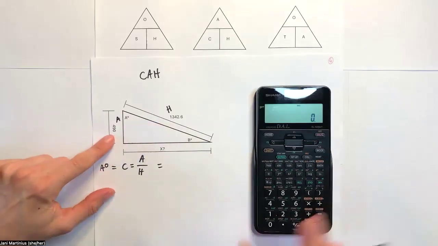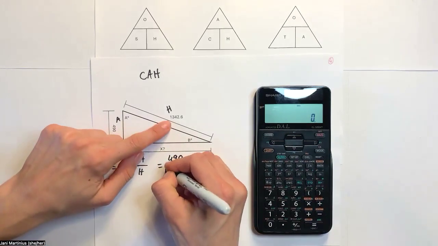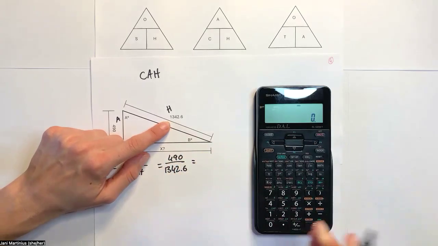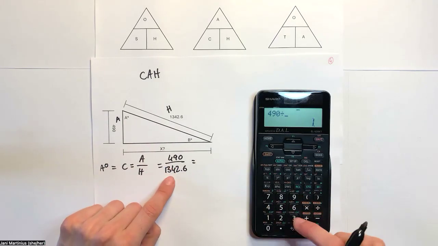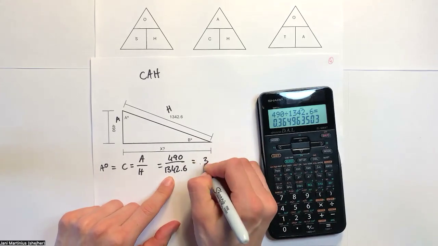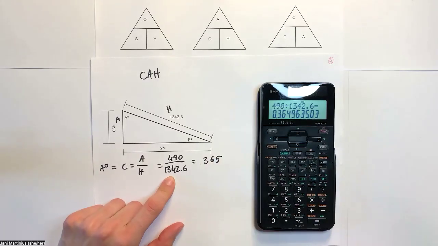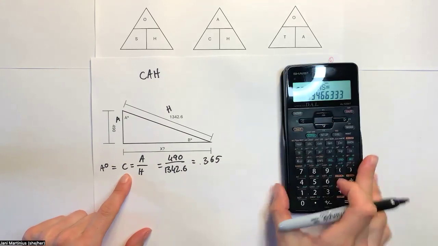So A over H, 490 over 1342.6. And that's going to give us a ratio. So 490 over 1342.6, 0.365. Second function, and we're in cosine, will give us the degrees.